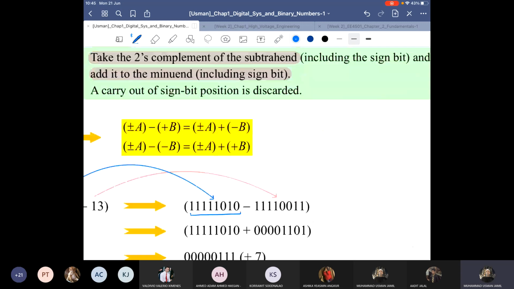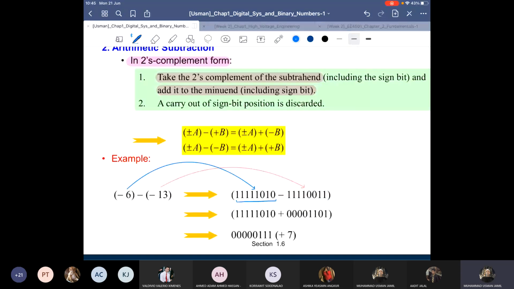Okay, and then after this, because now you have a negative number, this one is now -6, it means again find the 2's complement, because this negative sign means take the complement. So first take the 1's complement.